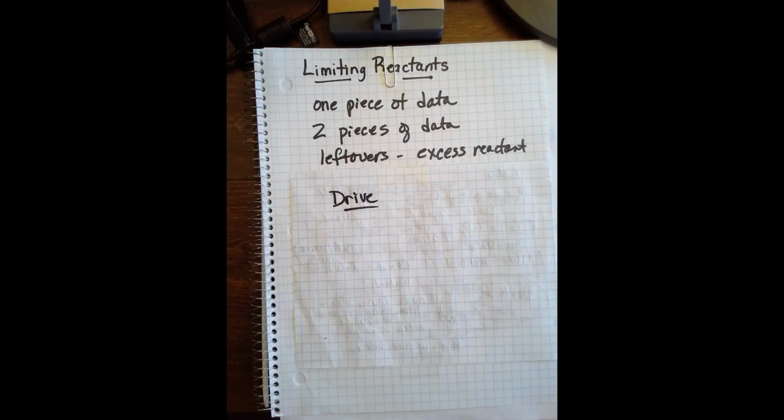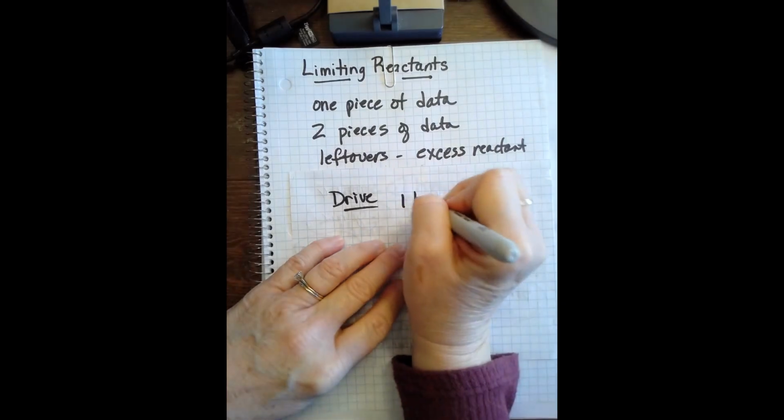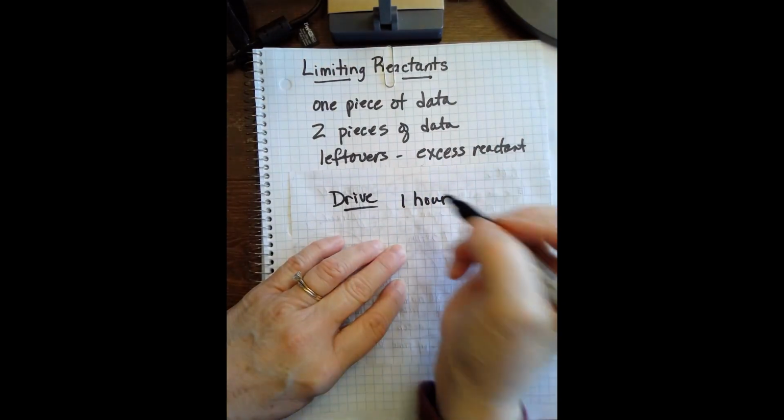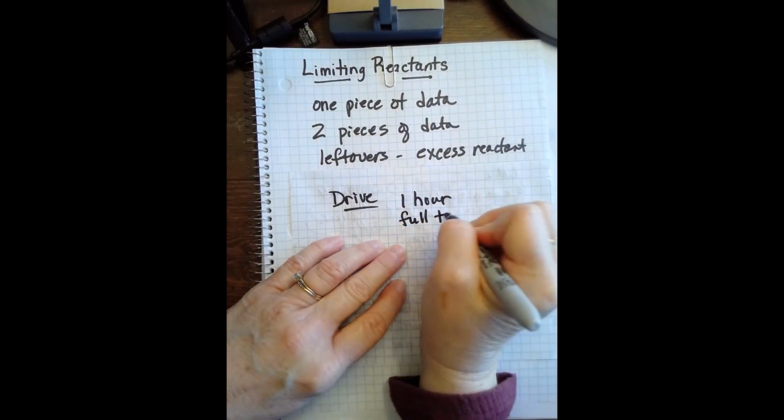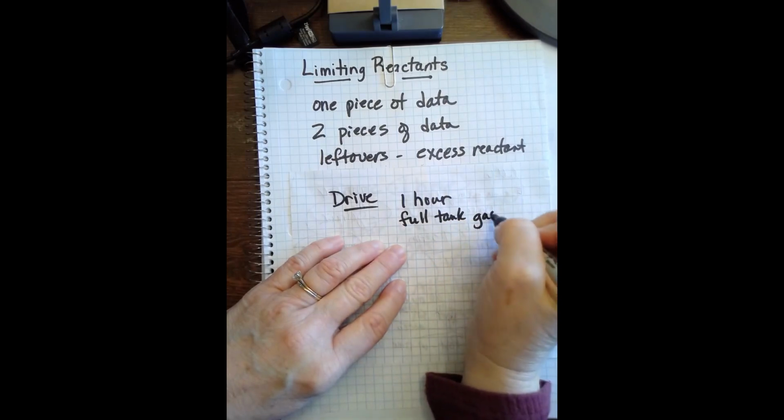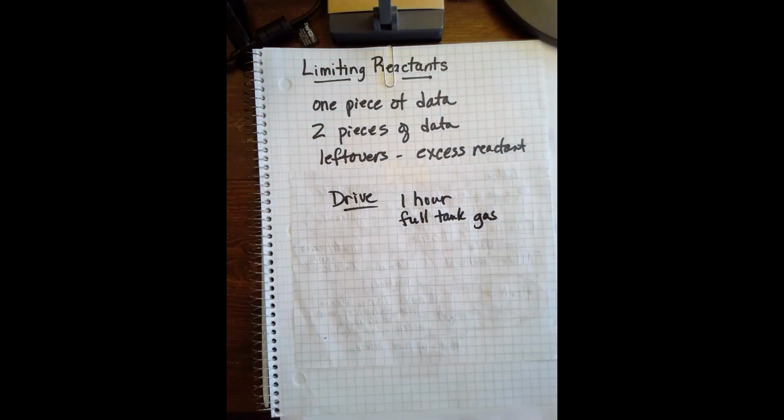Here are the constraints. You have 1 hour available to you, and you have a full tank of gas in your vehicle. Which one of those limits how far you can drive?